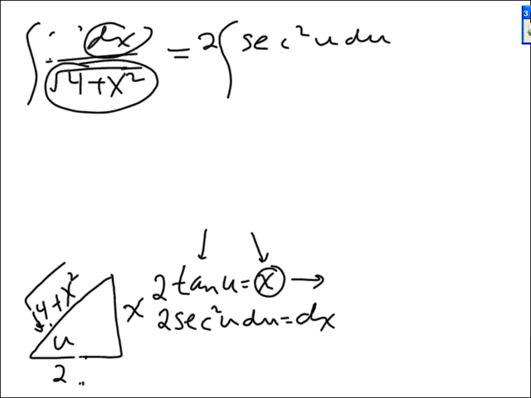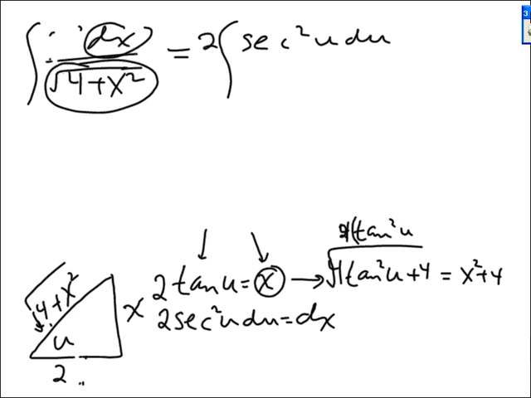If I squared both sides, I would get 4 tangent squared u is equal to x squared, and if I added 4, I would get this, and inside here I could factor out a 4, so I get the square root of 4 times tangent squared u plus 1, and the square root of 4 is 2, so I get 2 times the square root of tangent squared u plus 1.